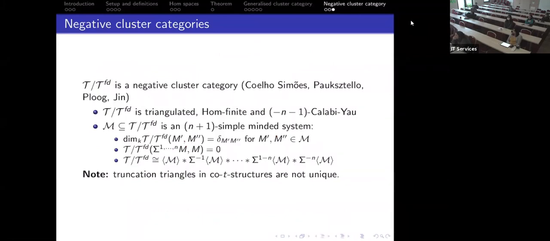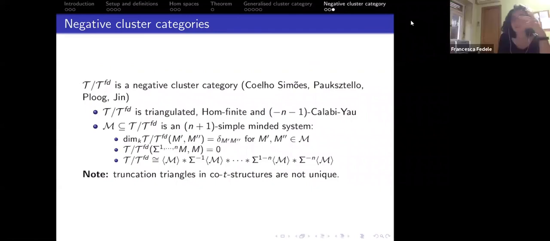So maybe the similarity of this theory with cluster tilting theory can tell us something about this, especially there's this conjecture in that setup. Maybe these techniques can be used there. So this is a motivation for this. Okay, thanks. Very interesting. Thank you, Raquel.